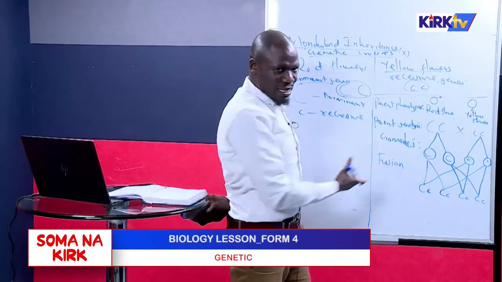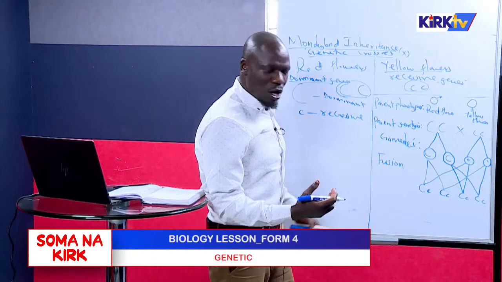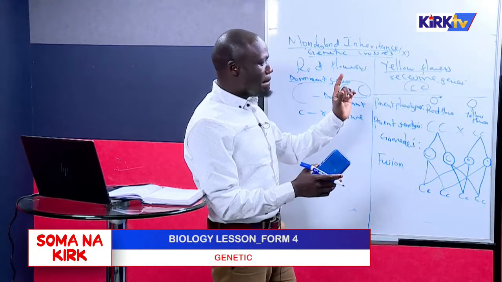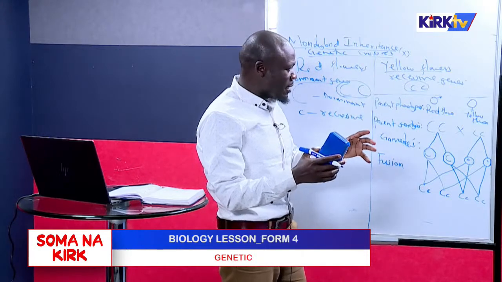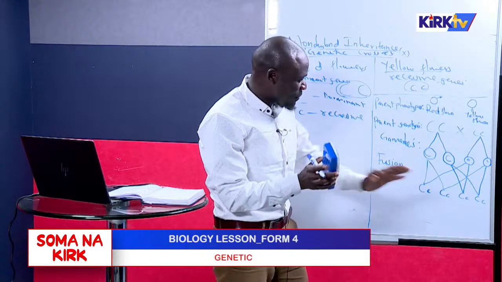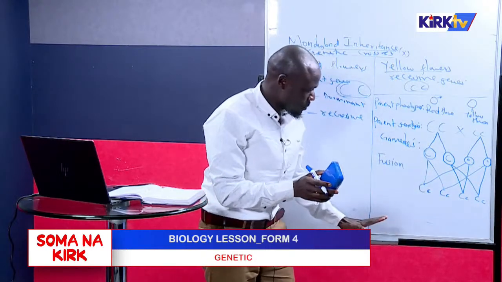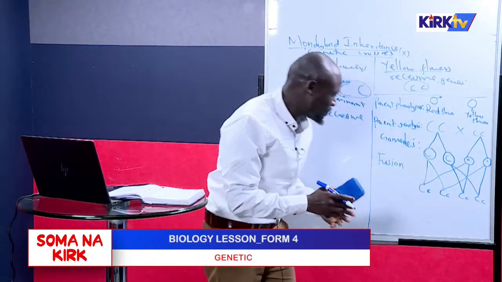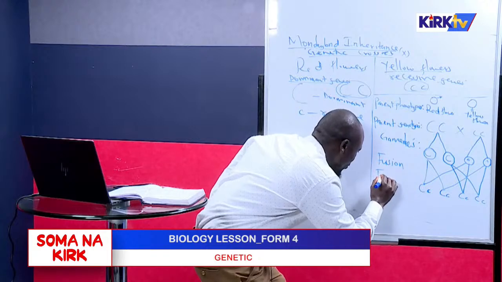So these are the chances of what we are likely to get as a result of the union between the male and the female. When the female gametes and the male gametes come together, these are the probabilities of what we are likely to get. So what we are going to get here is what we call the F1 generation.